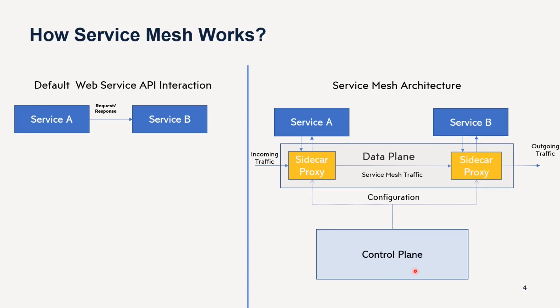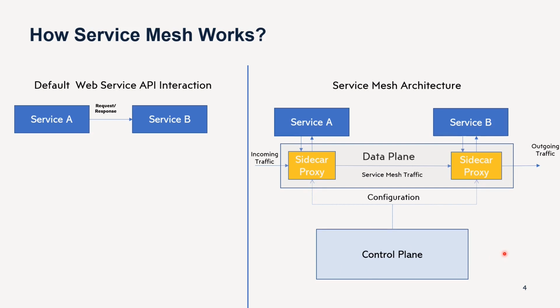Suppose you want to use policies like authentication, authorization, load balancing. All policies are configured as part of the control plane. Then it generates all these sidecar proxies, and these proxies will be attached to each service. So this is how a service mesh architecture works.